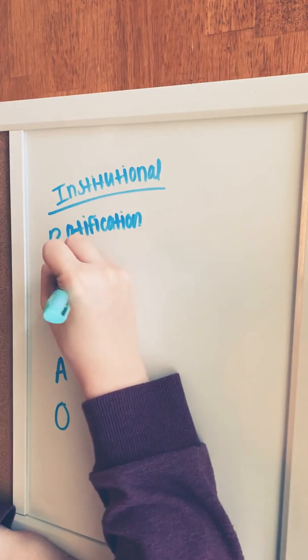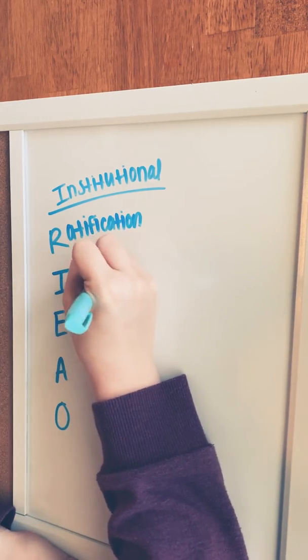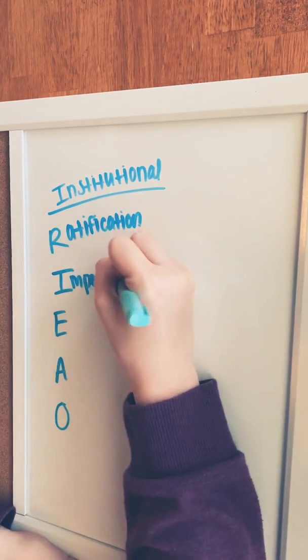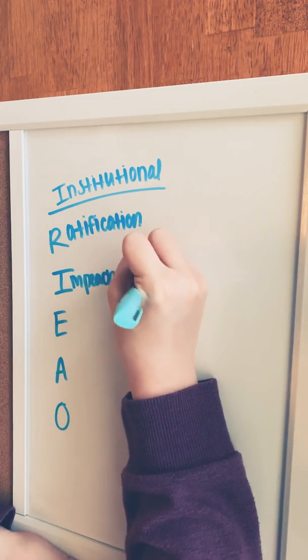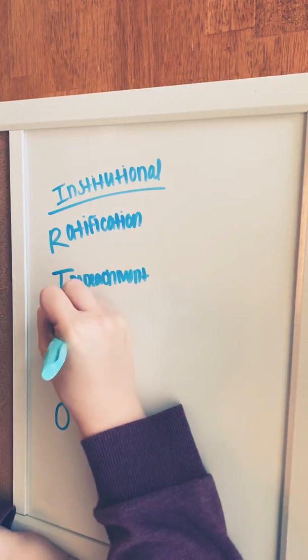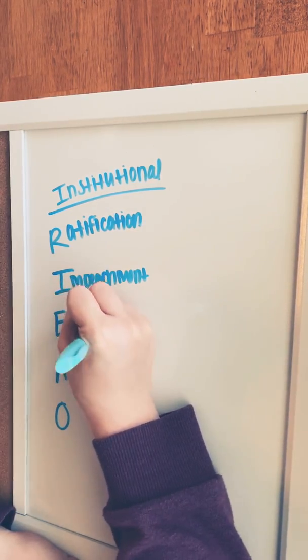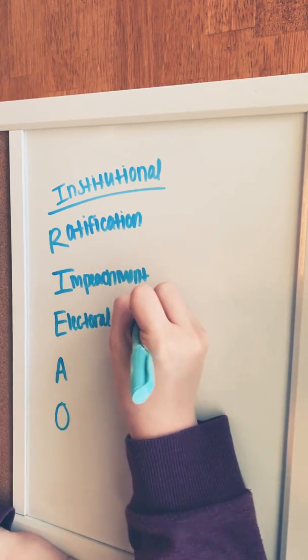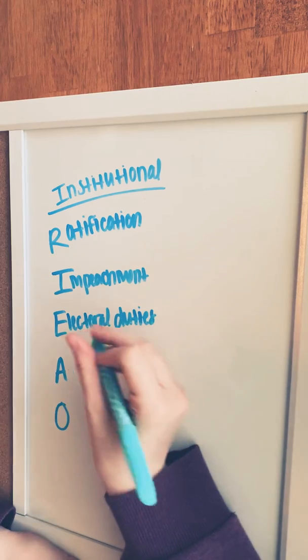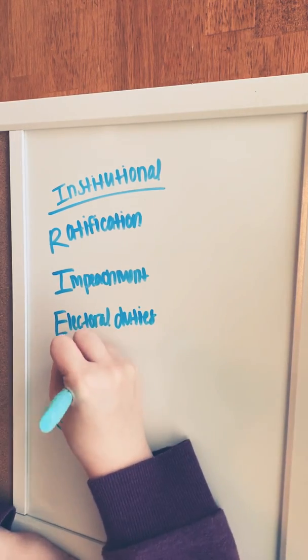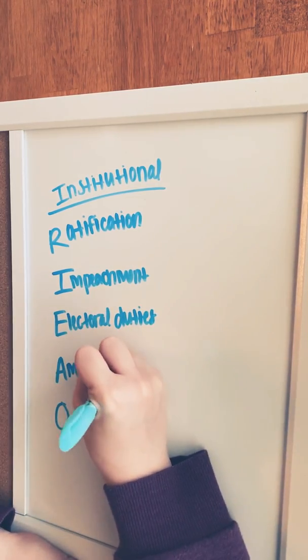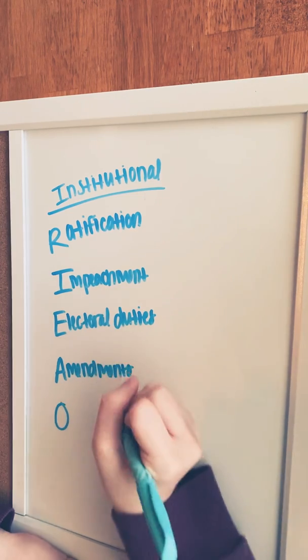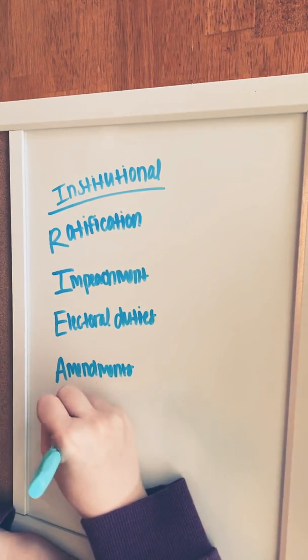I stands for impeachment. E stands for electoral duties. A stands for amendments. And O stands for oversight.